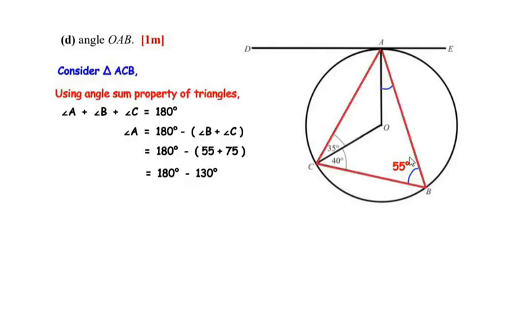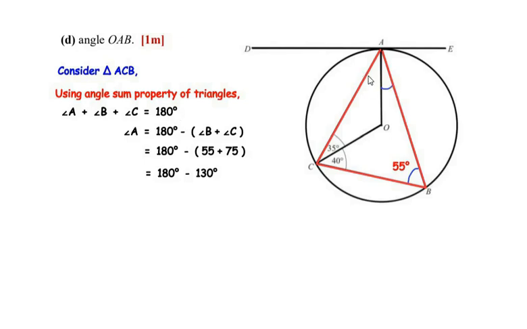Now in this triangle, we have the value of angle C, that is the total angle is going to be 35 plus 40, giving us a total of 75 degrees, and the value of angle B as 55 degrees. So using the angle sum property of the triangle, we are going to find out the value of angle A. So here we have written, using angle sum property of triangles, angle A plus angle B plus angle C is equal to 180.